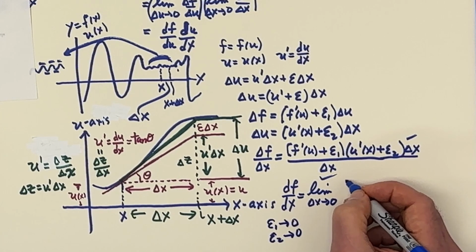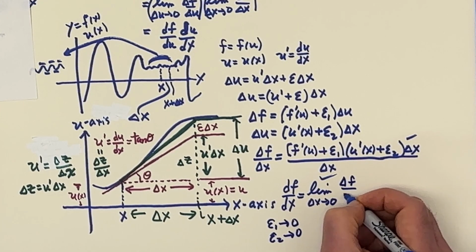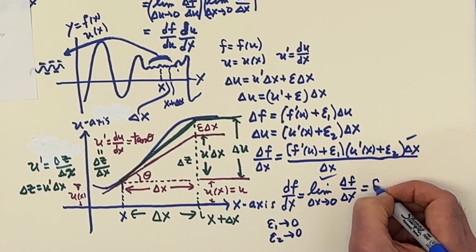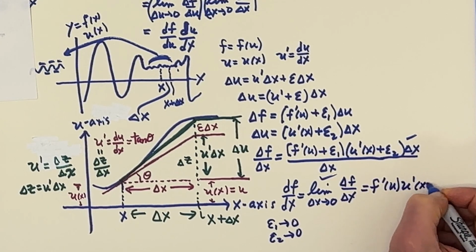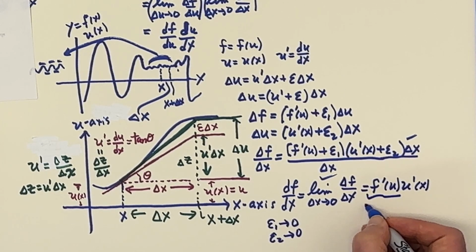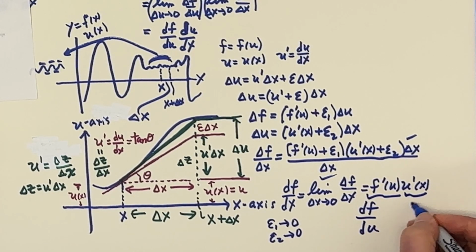And when the epsilons go to 0, I'm going to have f prime of u and u prime of x, and the f prime of u is df du, and the u prime of x is du dx, and that is the chain rule.